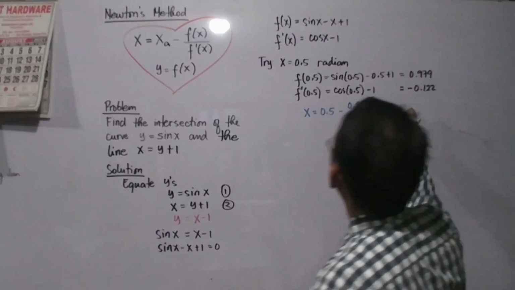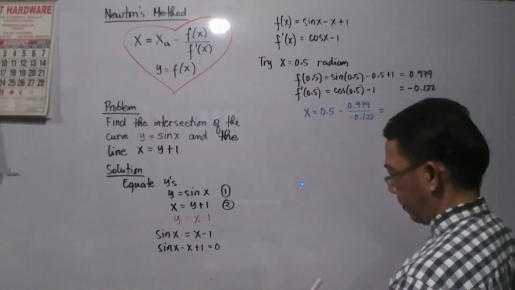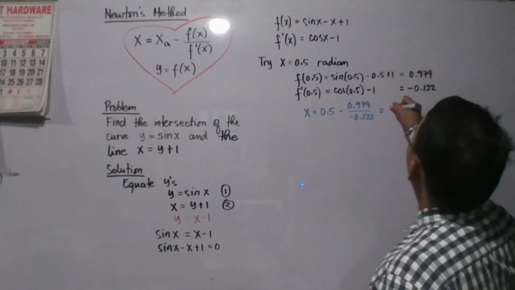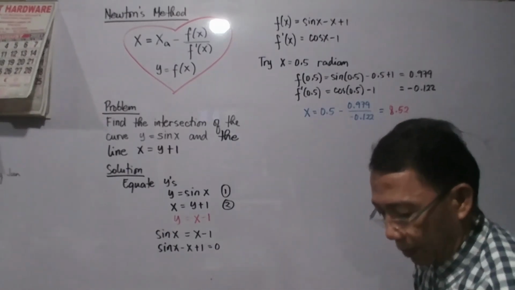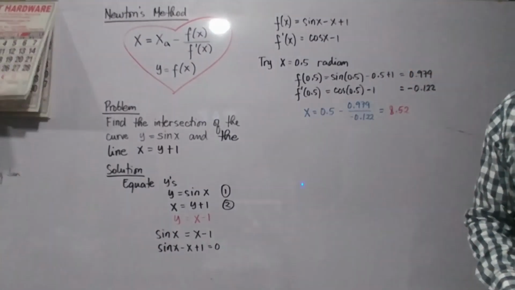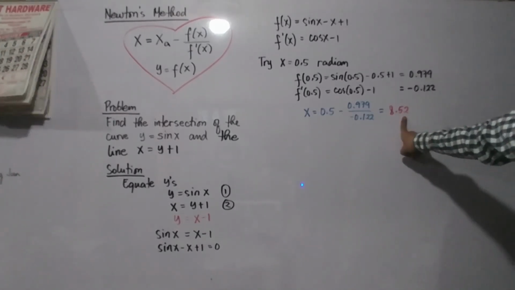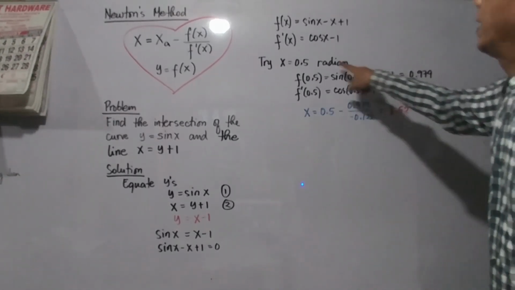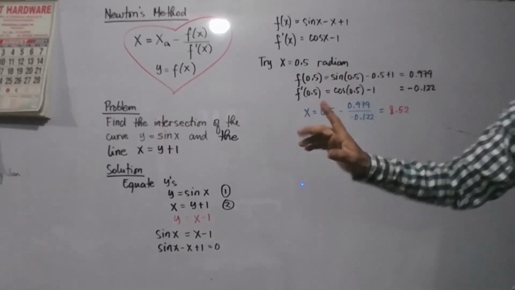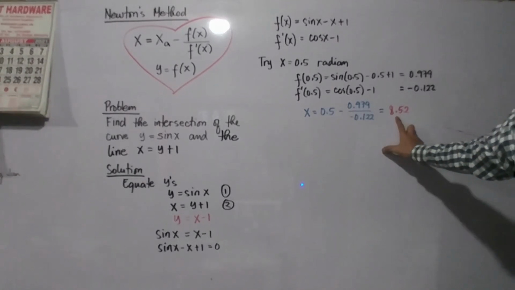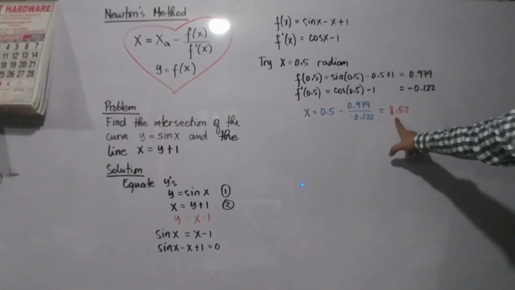For your x now equals 8.52. Okay. As you notice, your answer here is 8.52. What you used for the trial was 0.5, so it is not equal. Then, you use this as your next value for x to try again.